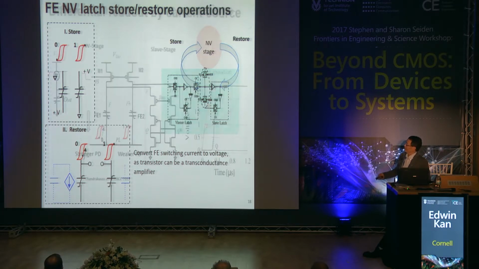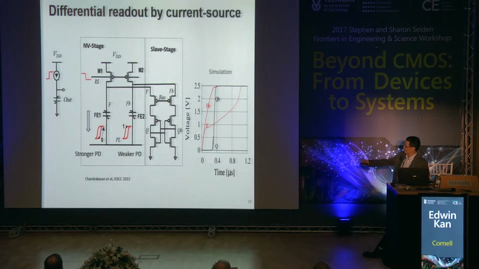Okay? So these are the curves showing how the F and F bar lines switch for these two differential ferroelectric capacitors, so that depending on the storage, F bar will follow one line and F will follow the other. The difference between these two is the memory window.